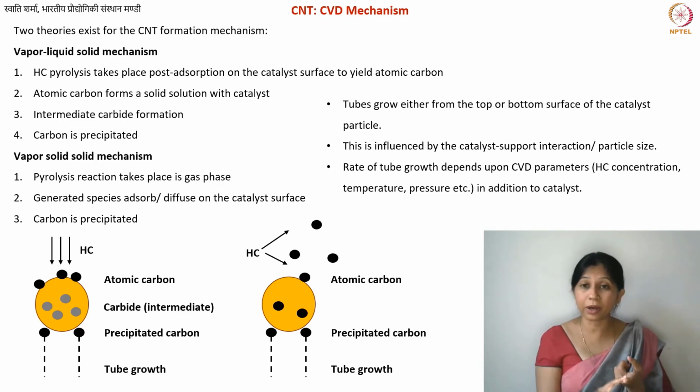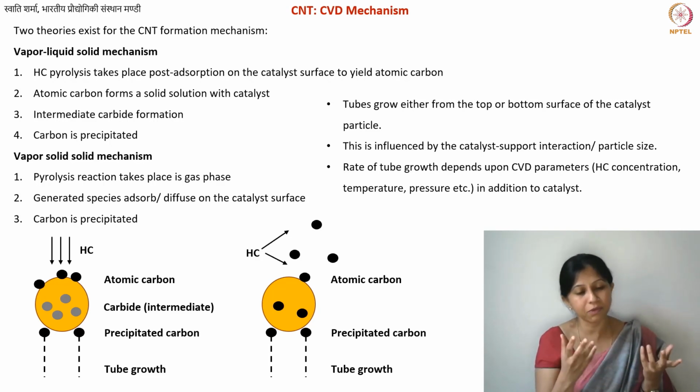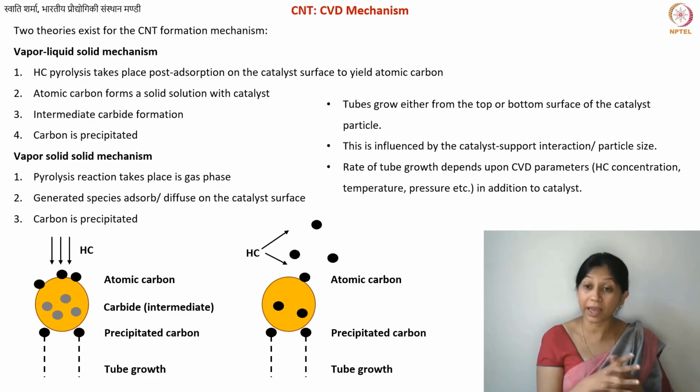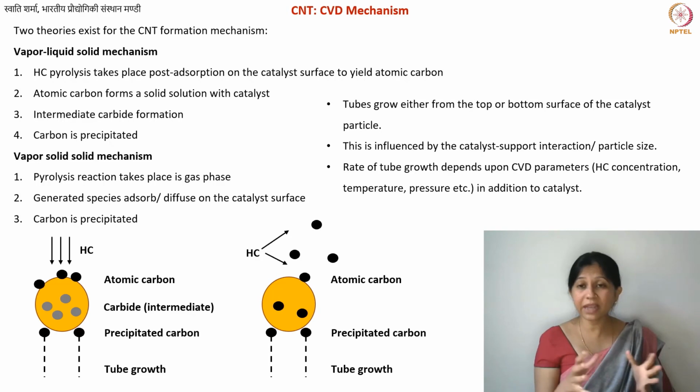That is also important. You also have some other parameters such as the concentration of your feed gas and the residence time of your feed gas, typically between 15 to 60 minutes. Again, all of this has been reported. So based on all of these parameters, you can optimize the growth of your carbon nanotubes and the rate of the growth of the carbon nanotubes.